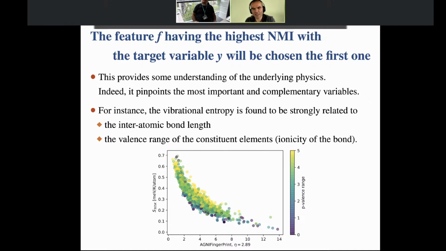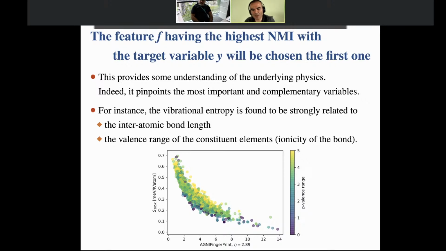If you have a big bond length, then probably there's not a big force constant between the materials. And the second one that comes out is the valence range of the constituent elements. So that's basically the difference between the largest valence and the smallest valence, and that's in some way a measure of the ionicity of the bond.